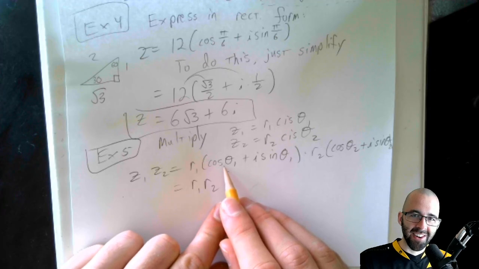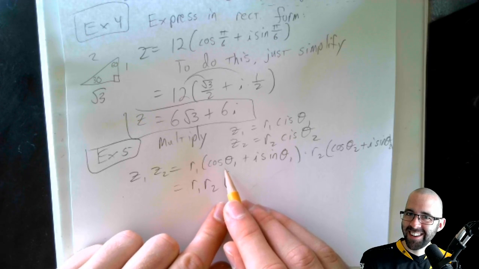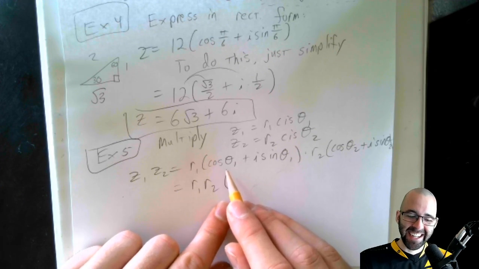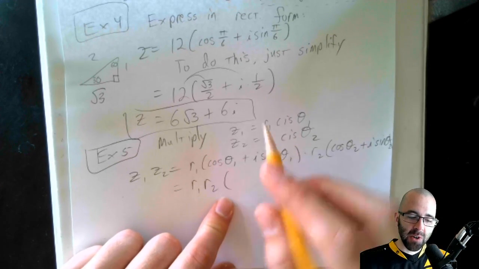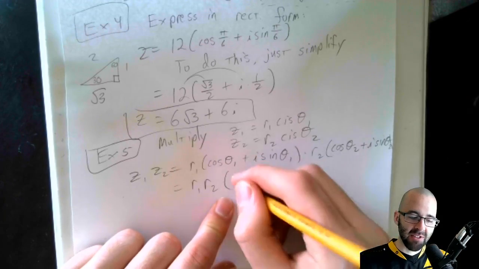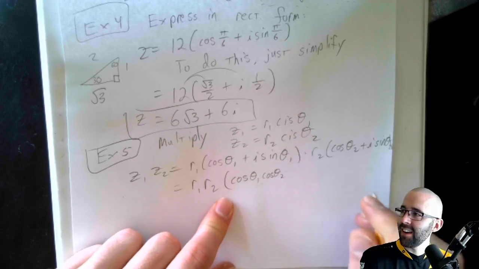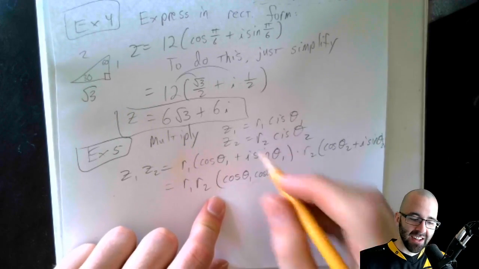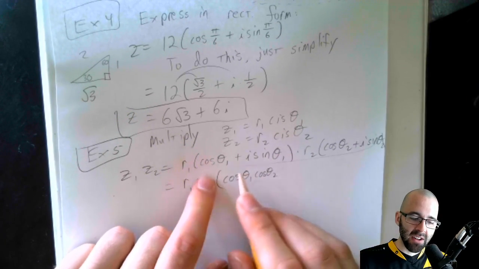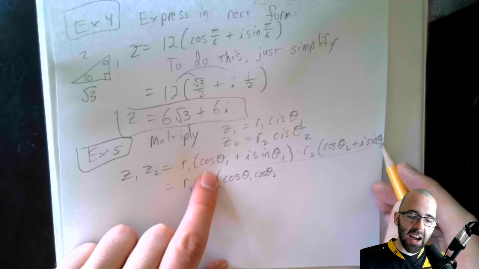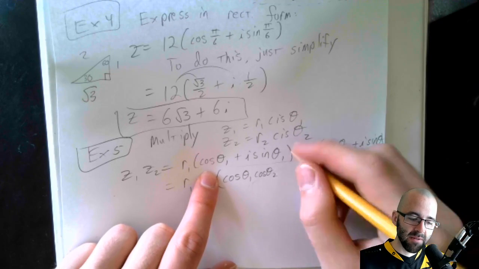So are you ready? This is going to be cool, okay? We get cosine of theta 1 times cosine of theta 2. Outer: cosine theta 1 times I sine theta 2.